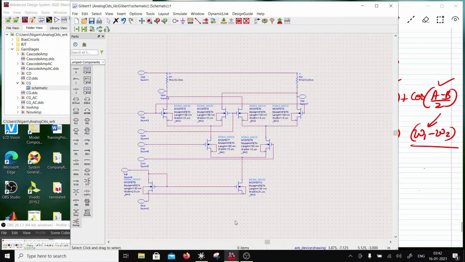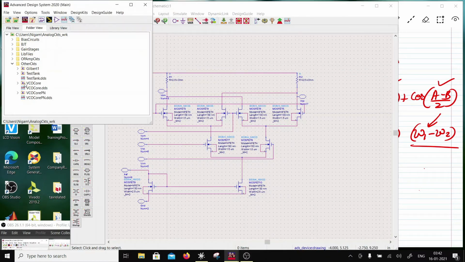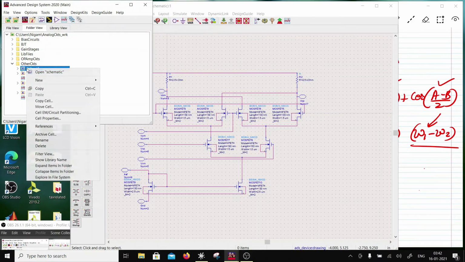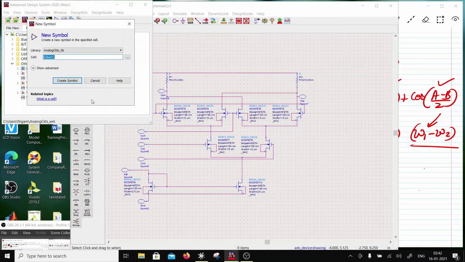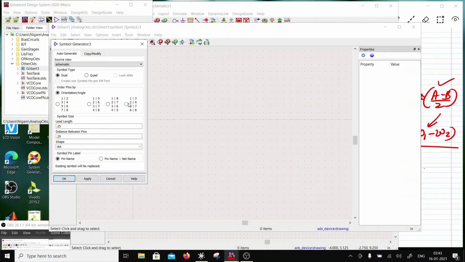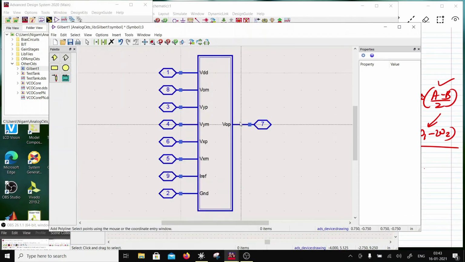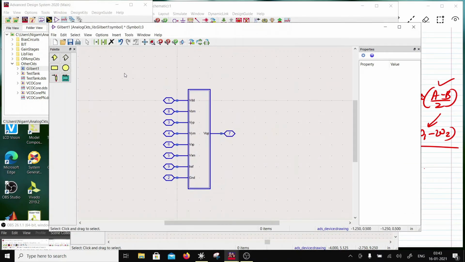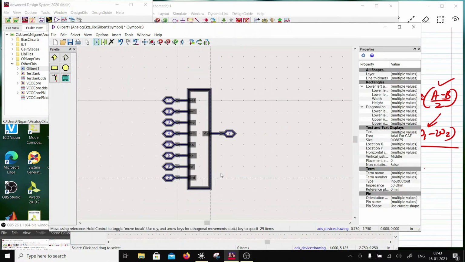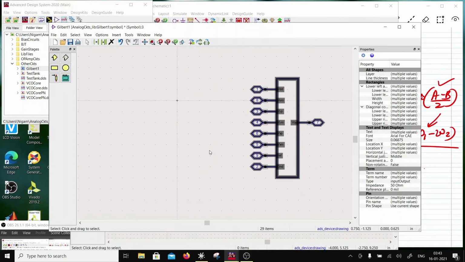Okay, so having told that, I am ready to make a symbol for this one. So I will go ahead and say new symbol and create a symbol. Okay, so I'm not going to use this like this.